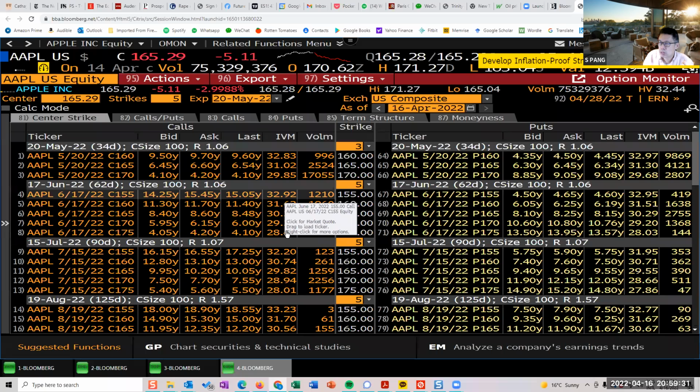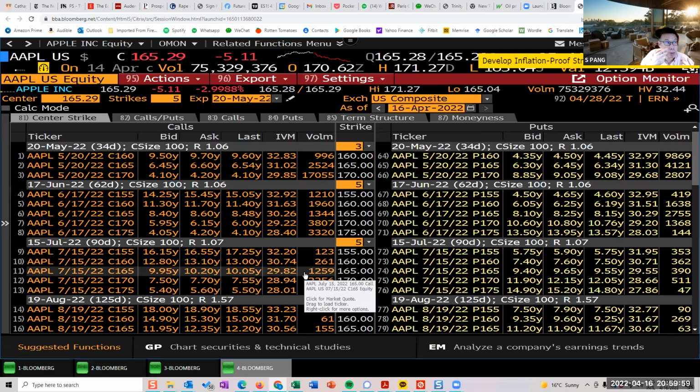This is what traders call the volatility smile or the vol skew. When you look between calls and puts, sometimes they can be different as well. That's called the risk reversal, the put call volatility gap.